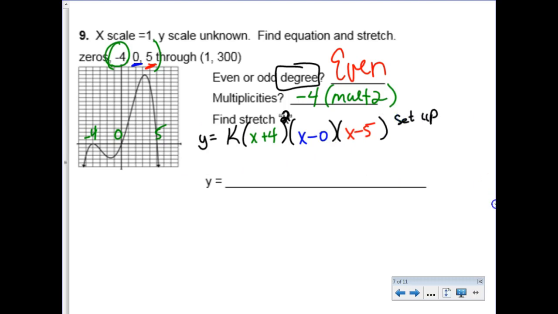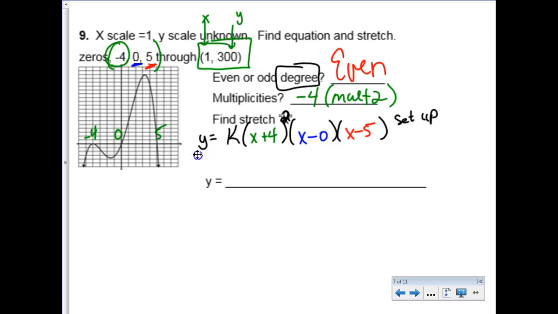But there's one other clue out here. Do you see it? When x equals 1, y equals 300. Fantastic. What do we do with that? Plug it in for x and y, yeah. So here's an x you can use, and here's a y you can use.